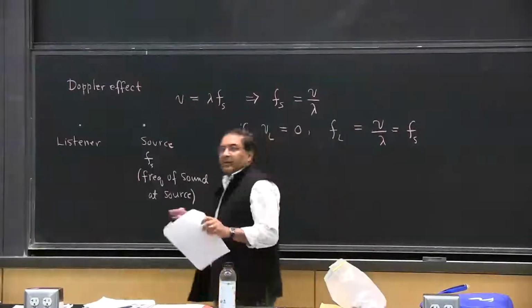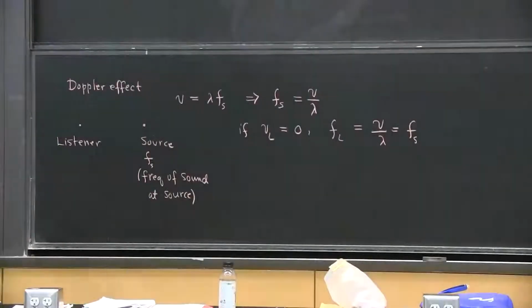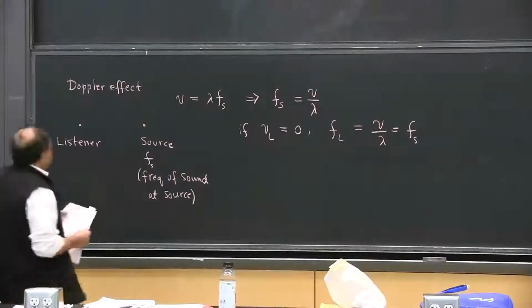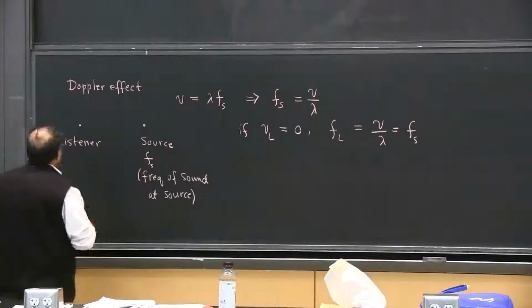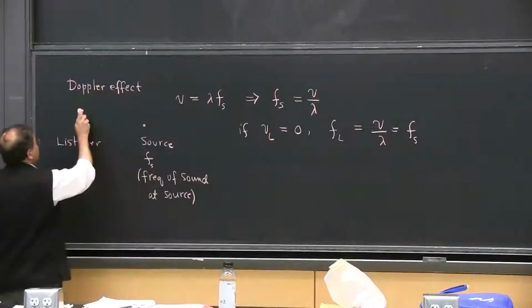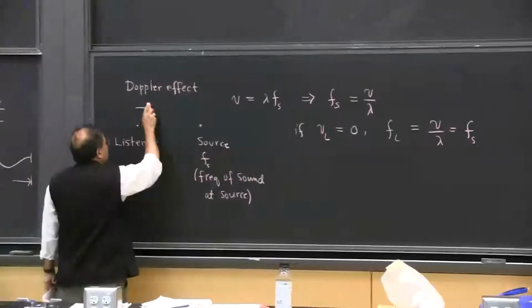So this is the benchmark result. If you are not moving and the source is not moving, the frequency that you would hear would be exactly the same as the frequency emitted by the source, as long as you're hearing correctly, which I assume is the case here. So now suppose, while the source is fixed, you go towards the source.